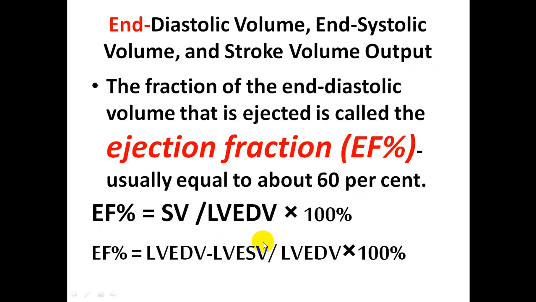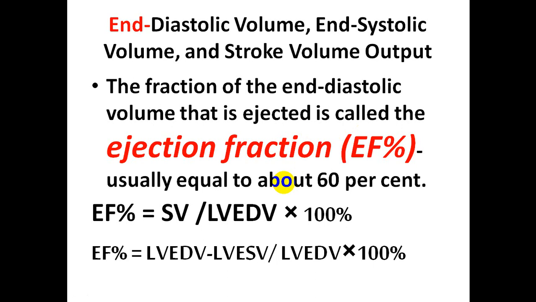So, please pay attention: we have a left ventricular end diastolic volume of about 100 to 120. When 70 is ejected, the remaining 40 or 50 milliliters is called left ventricular end systolic volume. What amount is ejected?